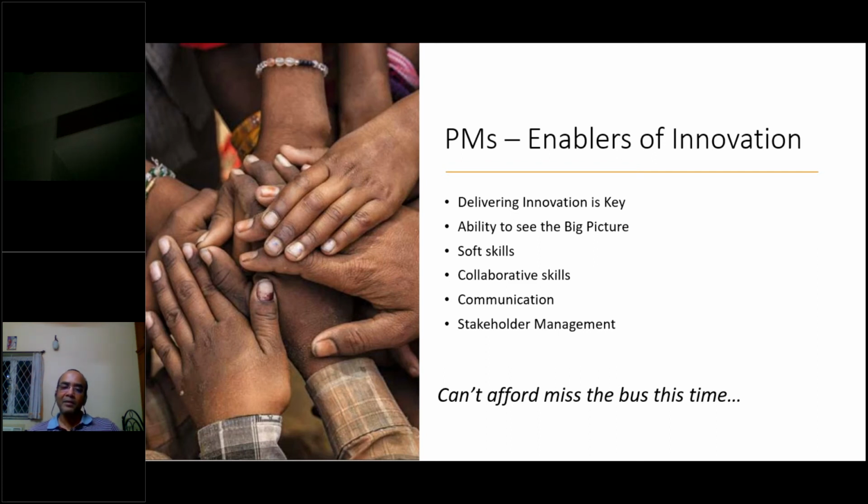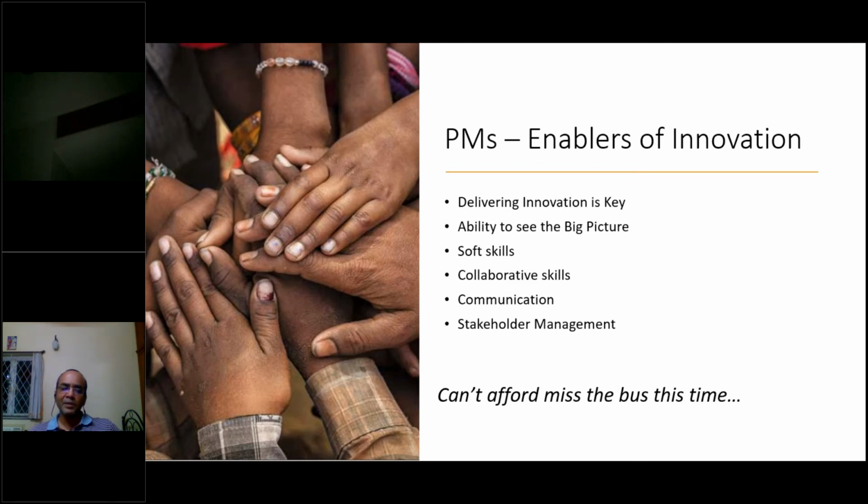Good collaborative skills, communication, and the ability to manage all the stakeholders involved. Not an easy task, obviously, but as PMs, we should aspire to be enablers of this innovation engine that we want India to become.